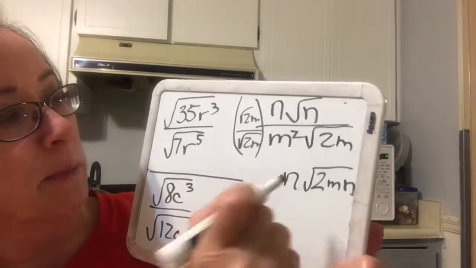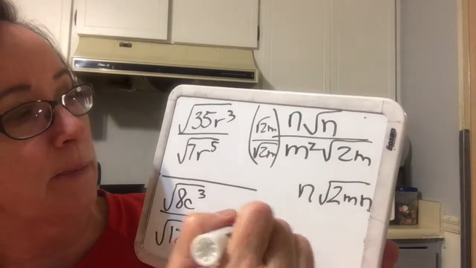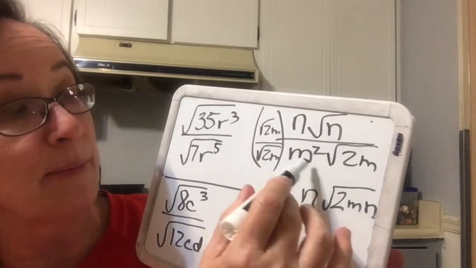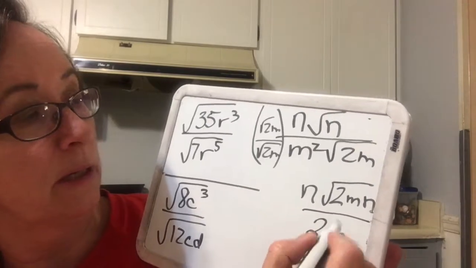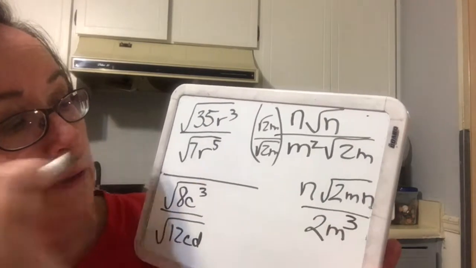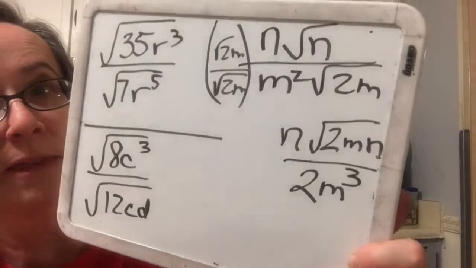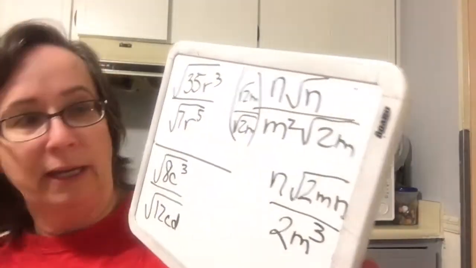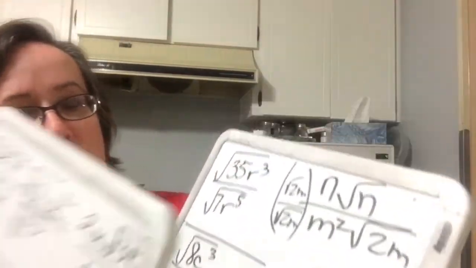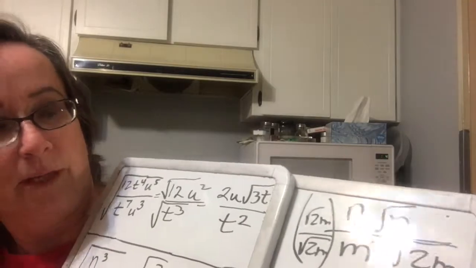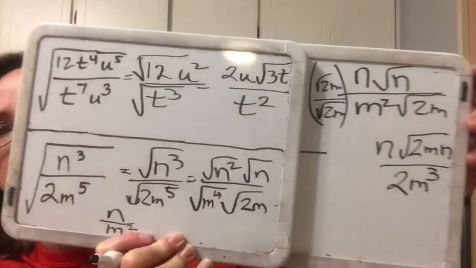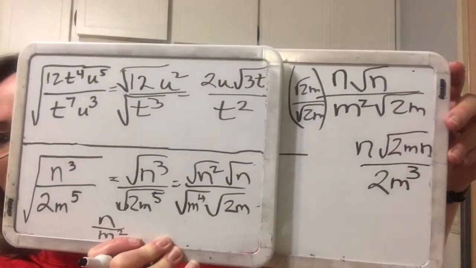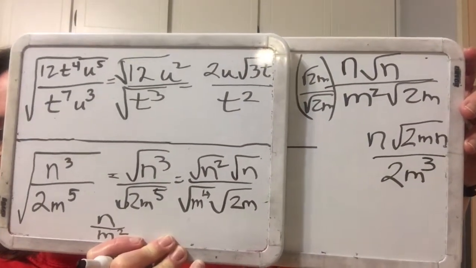And then on the bottom, the 2 square roots of 2m become a 2m times an m squared. So we get a 2m cubed, and nothing can cancel. So here's the first part of that problem. So we'll put them all up here. Okay, so this is the last part of that problem so that you can see all of that together.